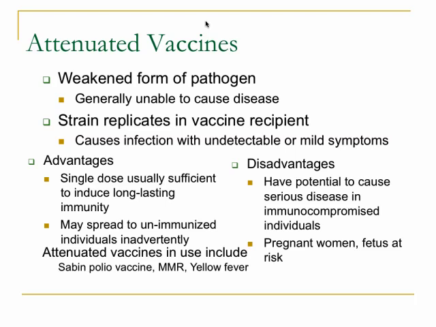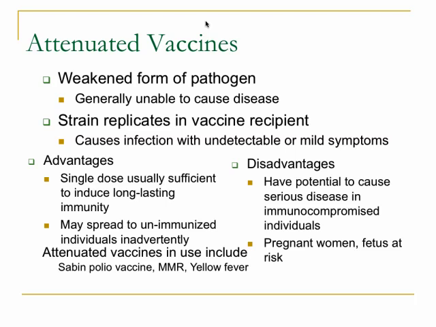Some examples of the attenuated vaccines include the measles, mumps, rubella combination vaccine that we get as infants, one of the polio vaccines. It's the oral vaccine. It's no longer used since 2000. Instead, we get the inactivated form of the vaccine called the Salk polio vaccine, and also vaccines against yellow fever.